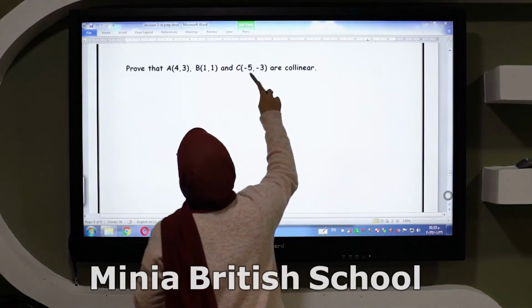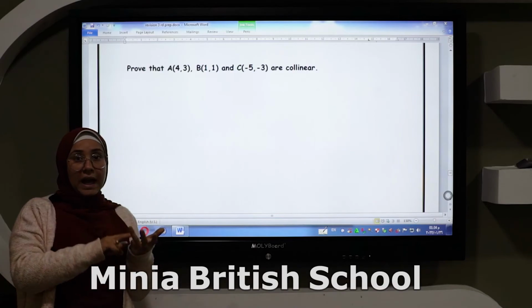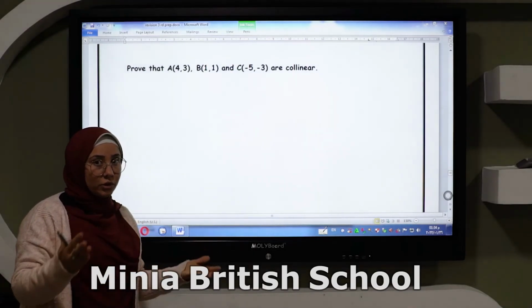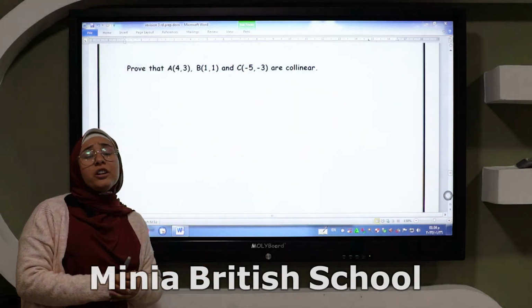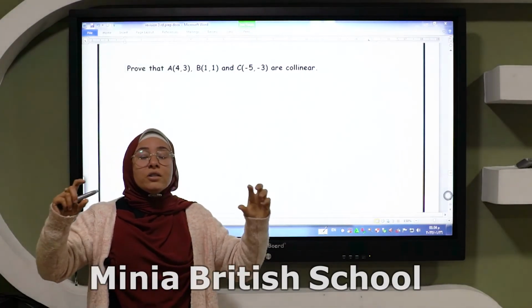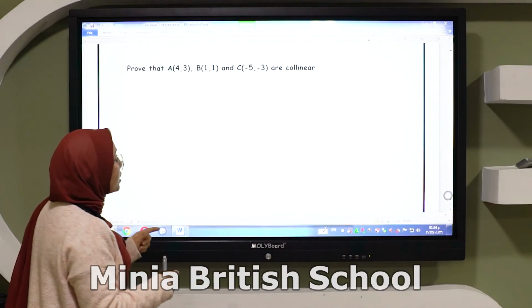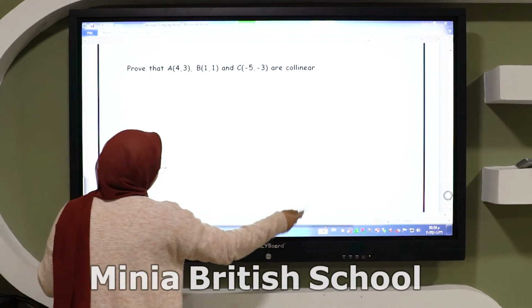The next exercise, we need to prove that A, B, and C are collinear. Collinear, I mean the 3 points lie on the same straight line. First, you need to find the length of AB.